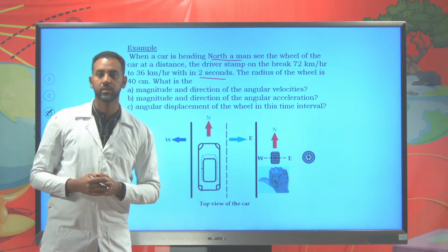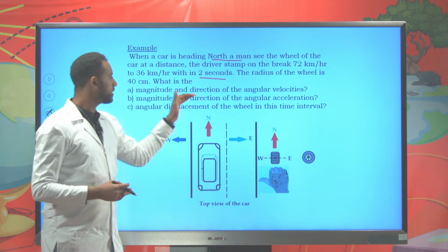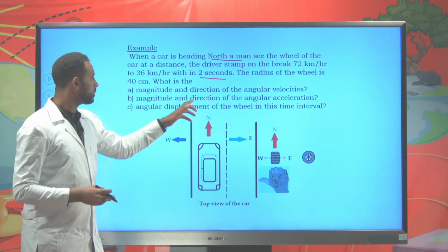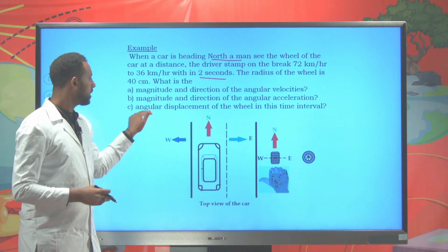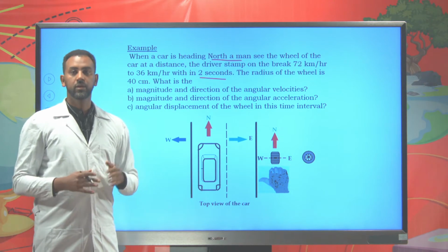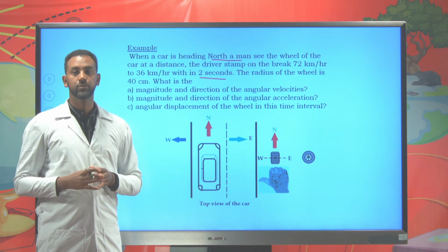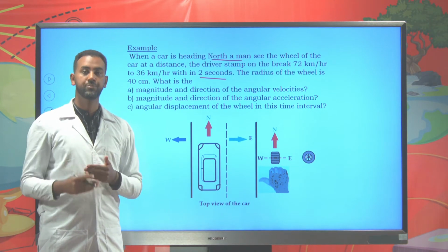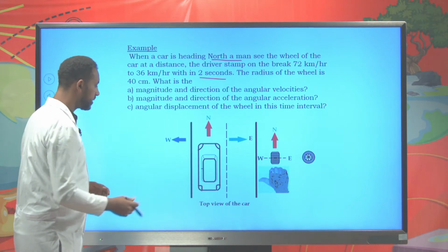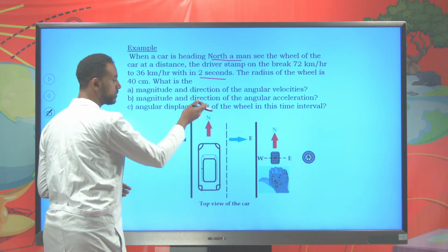Now the question is, what are the magnitude and direction of the angular velocities, and the magnitude and direction of the angular acceleration and angular displacement of the wheel in this time interval? To solve such problems, we have to apply the previous equations that we have seen. First, let's look at the car. The car is heading north.